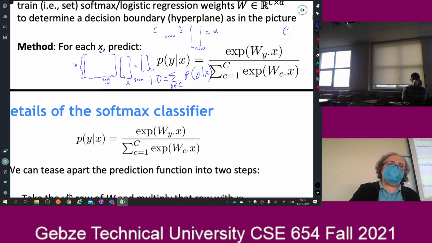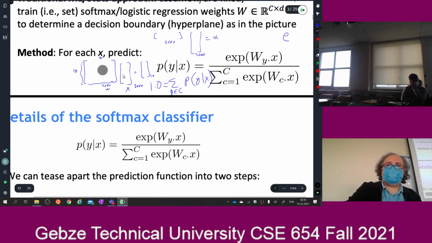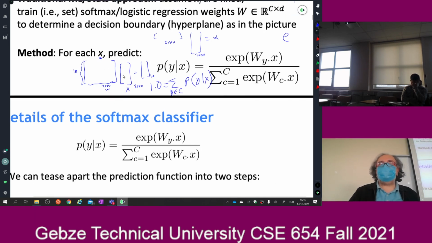If I can choose these weight matrices in a sensible way, then this is a very nice machine learning algorithm, because I am training my W's depending on my data. Whenever new data comes in, all I'm doing is multiplying these two numbers, doing the division, and coming back with the result, the probability of having that class.